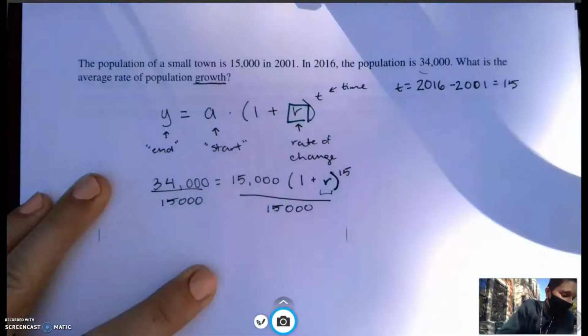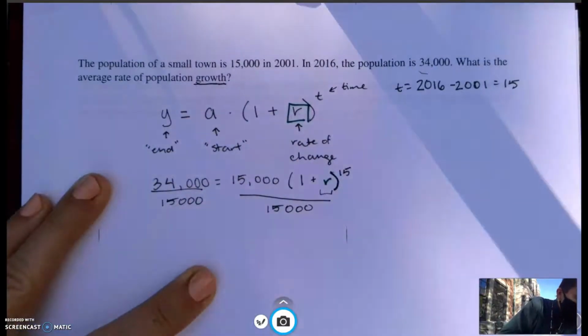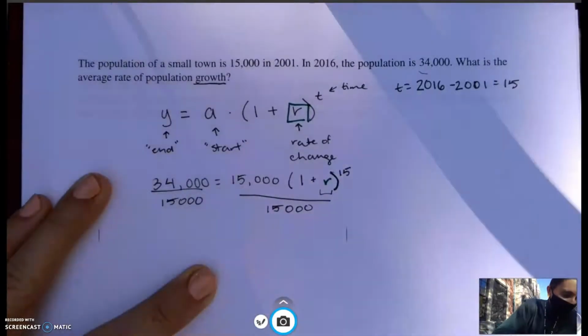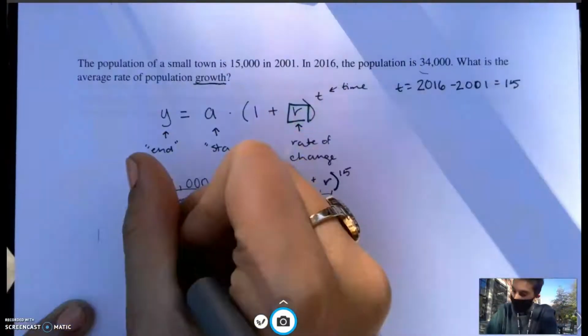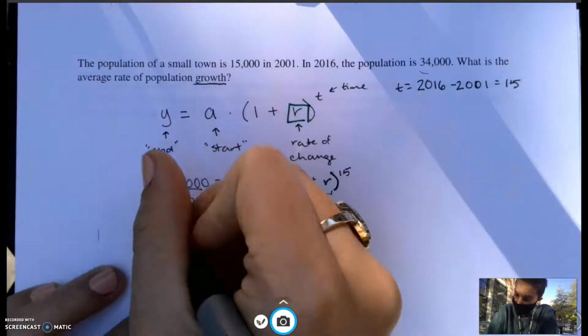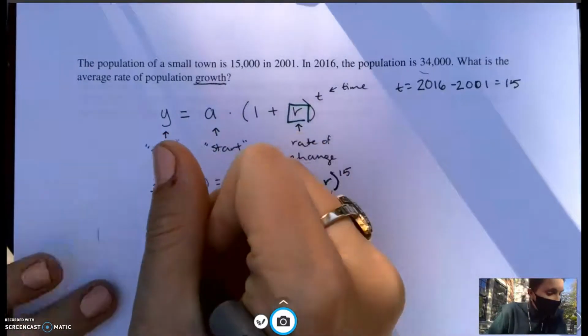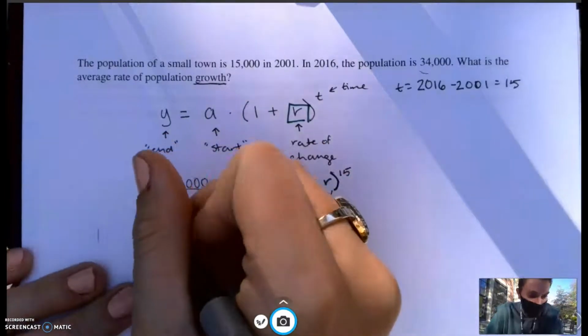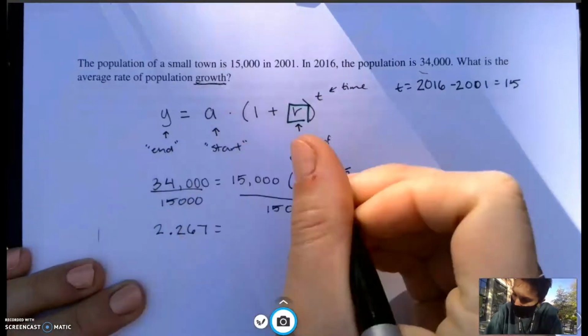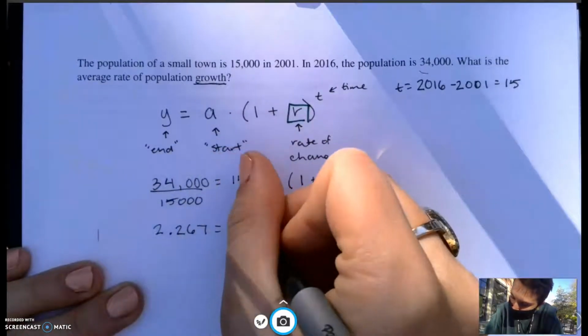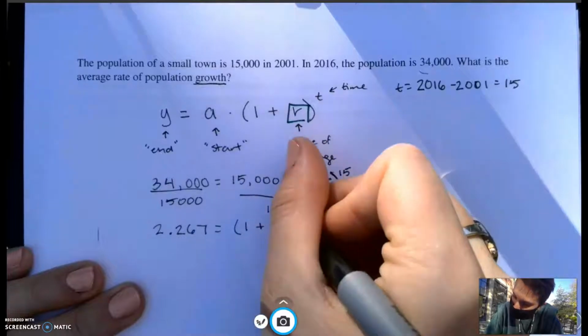And that leaves us with 34 divided by 15 equals, let's just round, we're going to say that is equal to 2.267 equals (1 plus R), still don't know R, to the 15th.